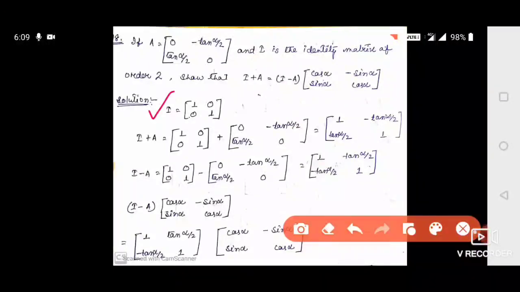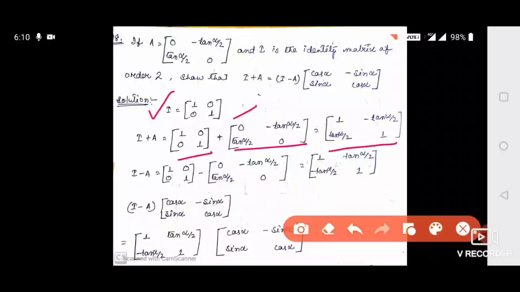So we have written I here, which is a 2 by 2 identity matrix, 1 0 0 1. Then I plus A will be, here we have written the identity matrix and here it is A. So we have added the corresponding elements of I and A. So it will become [1, minus tan alpha by 2; tan alpha by 2, 1].